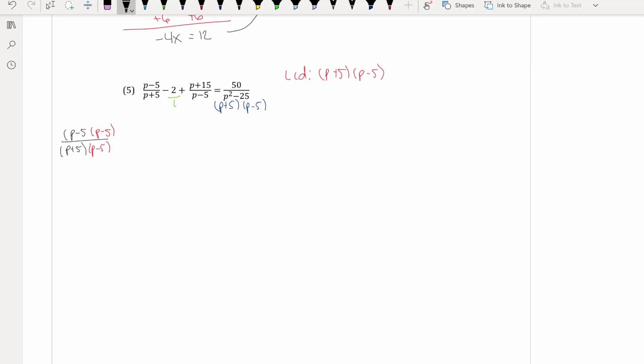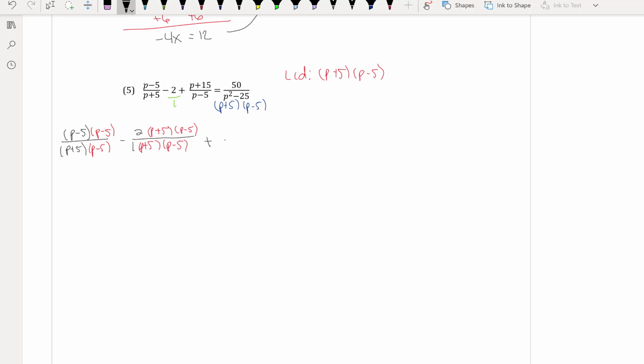Don't forget that that numerator was p minus 5. Minus 2 over 1. So what's missing here is everything. I need the p plus 5 and the p minus 5. So I need both of those.